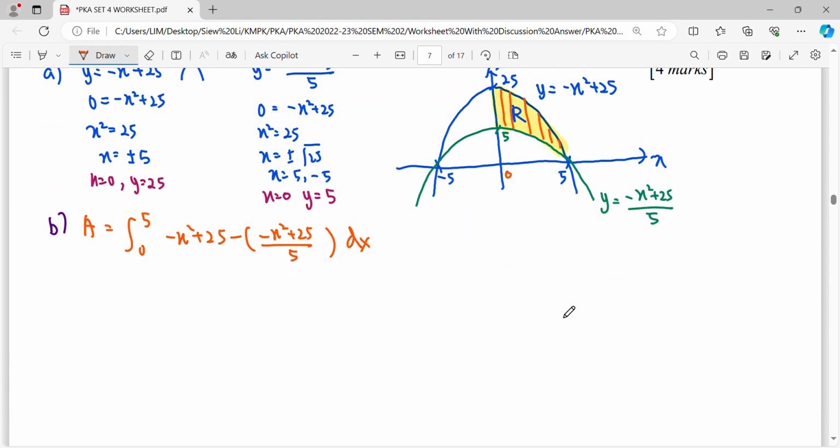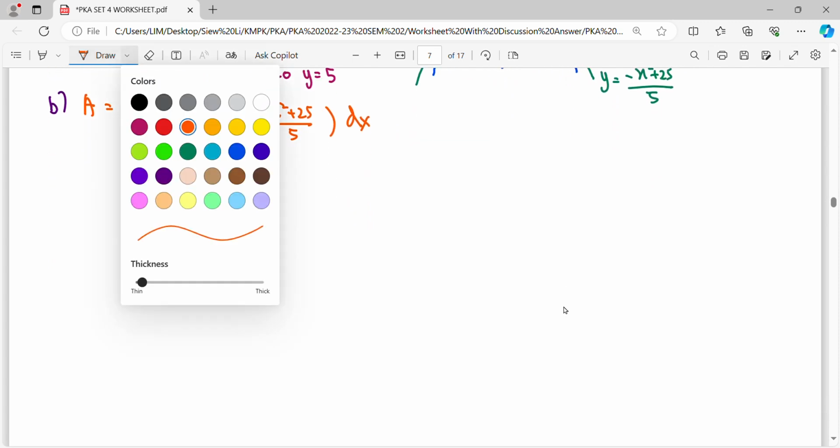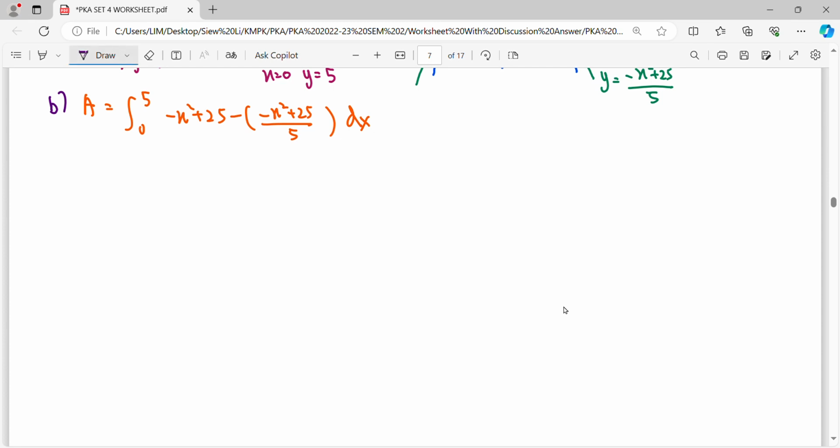Simplify this. So 1 plus 1 over 5, 6 over 5 x squared.